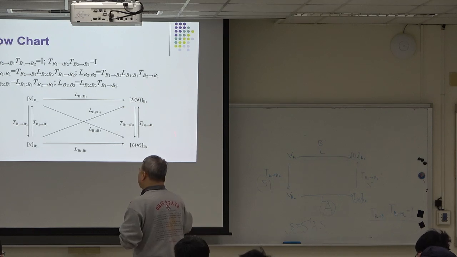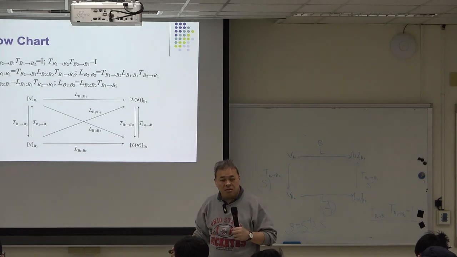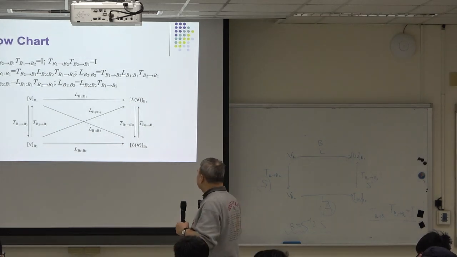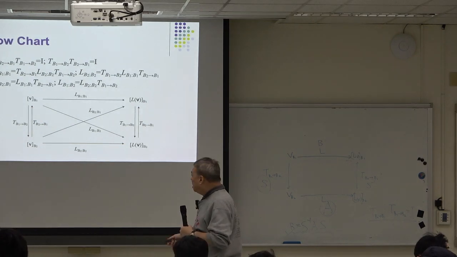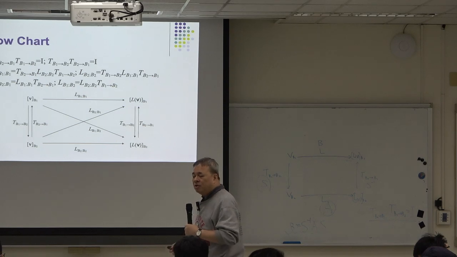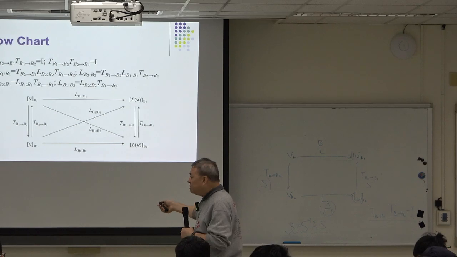Once again you can see the flow chart comes out. This flow chart is so commonly used, but I would suggest you remember, or take note of, the first flow chart, not this one. Why? Because this one is the simplified version.